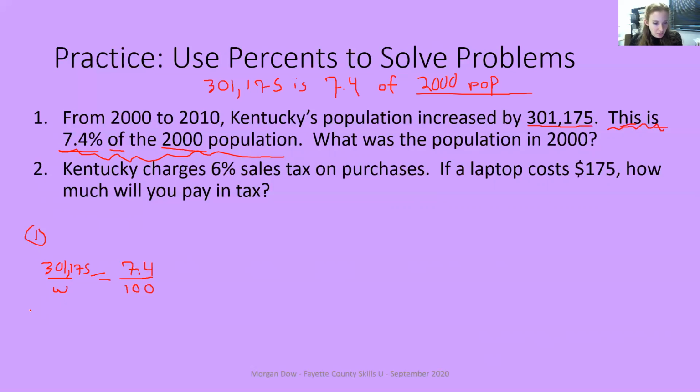So we're going to cross multiply 301,175 times 100. That's going to give you 30,117,500.